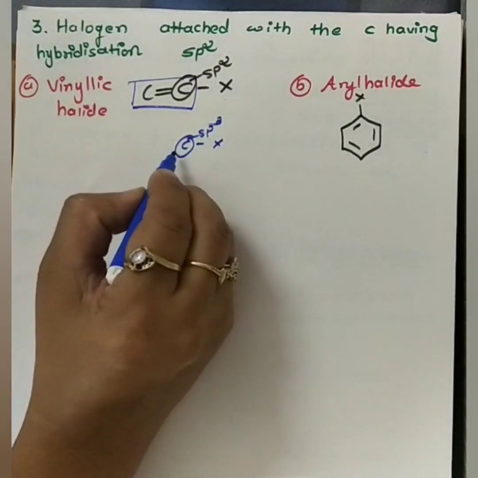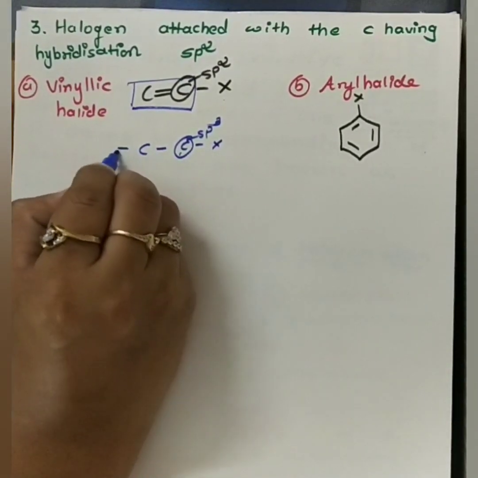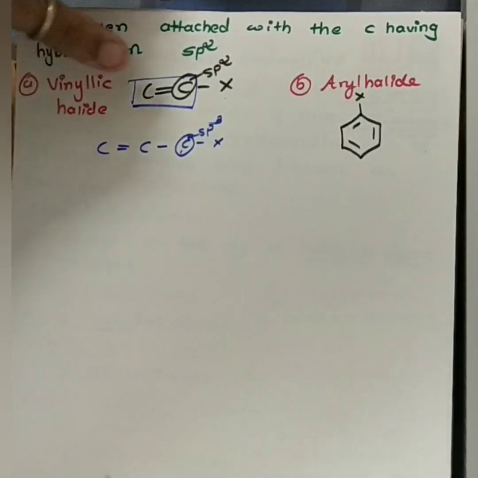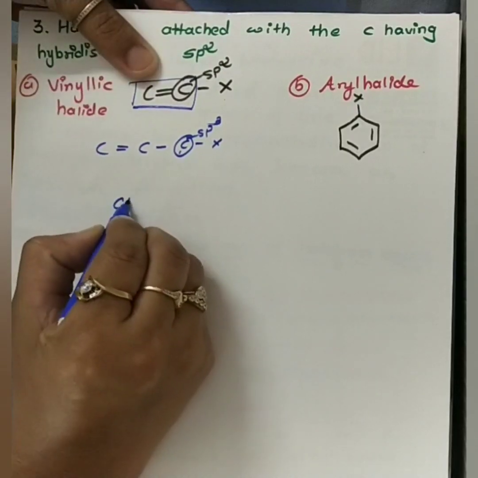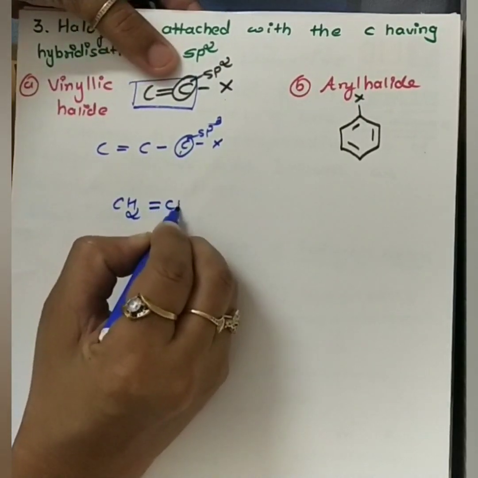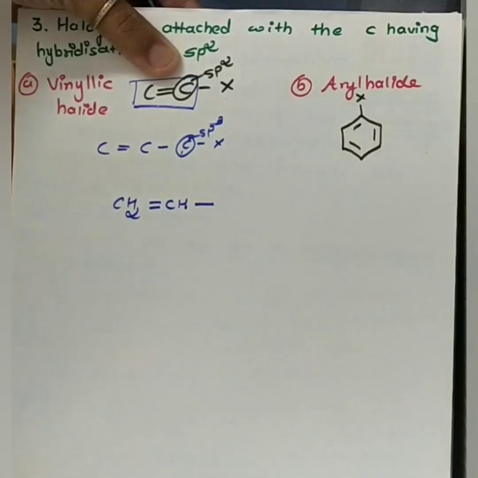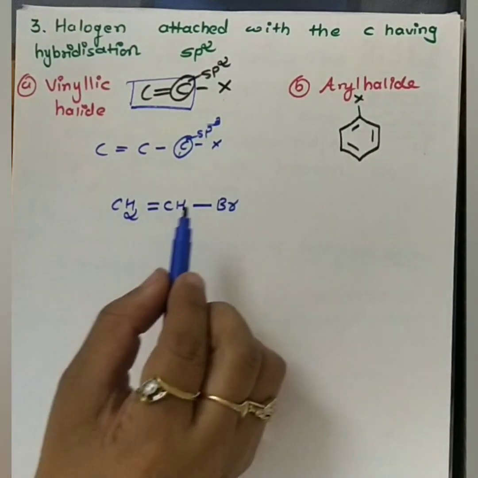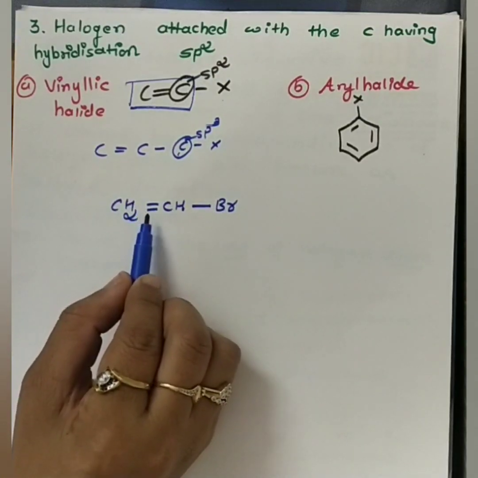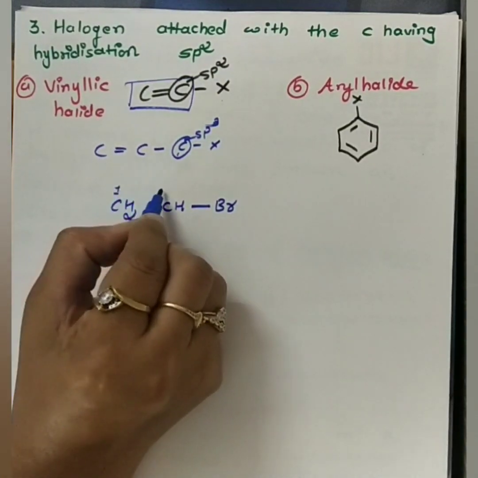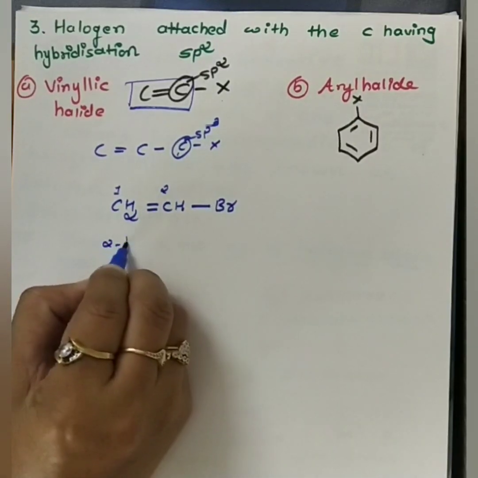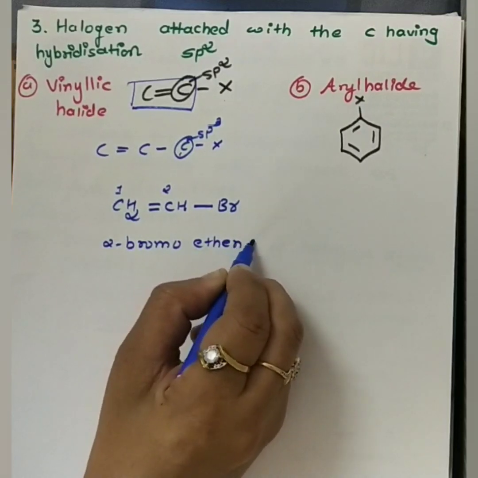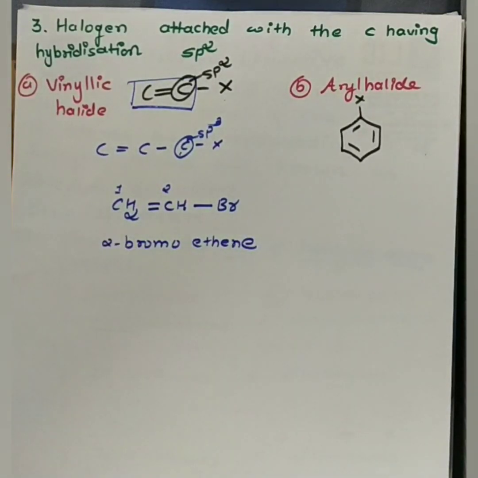Here this carbon is in contact with the ethylenic double bond. These are the major differences between the two. We can give one example each: CH2 double bond CH single bond X. Now we are mentioning bromine. In comparison to bromine, the double bond has higher priority, so give number one to it. So we can write 2-bromo-ethene.